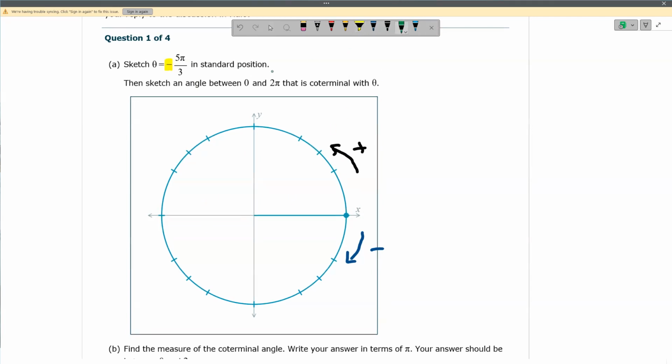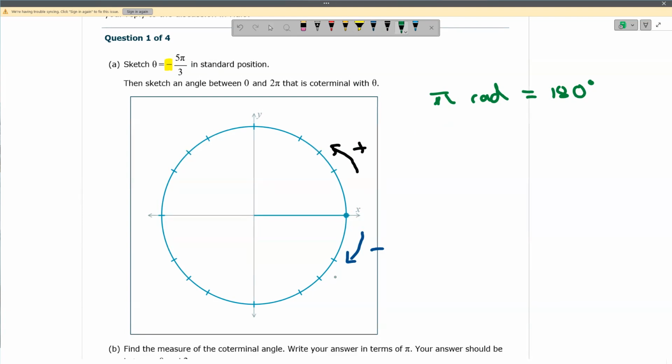Another thing to keep in mind is this is in radians. The fact you need to keep in mind is that pi radians is equivalent to 180 degrees. So the quick way to do this is you have to know where pi is. Pi is 180 degrees.